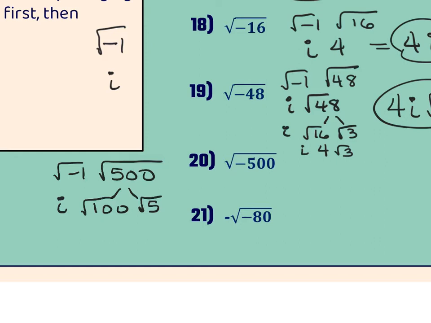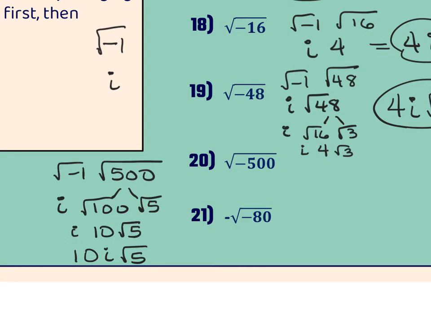If you didn't realize, you'd break it down: 10 times 10, 2 times 5, 2 times 5, make your pairs. So this will actually come out as a 10. 5 isn't perfect. And then the final answer is 10i square root 5.